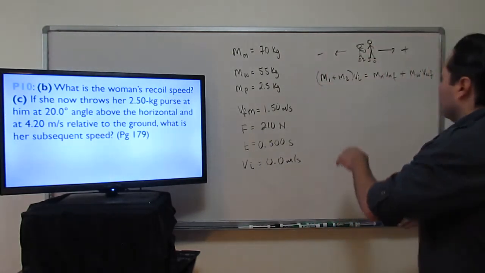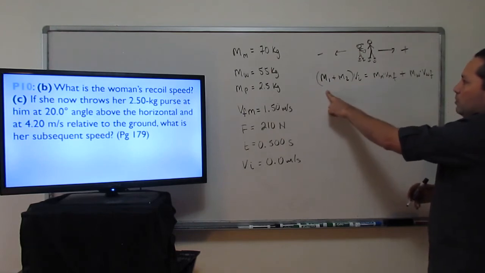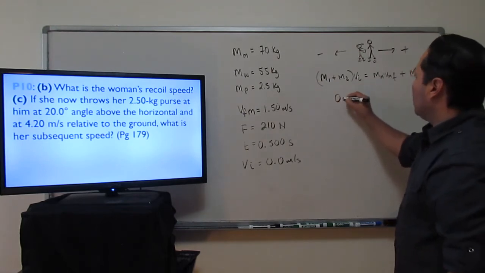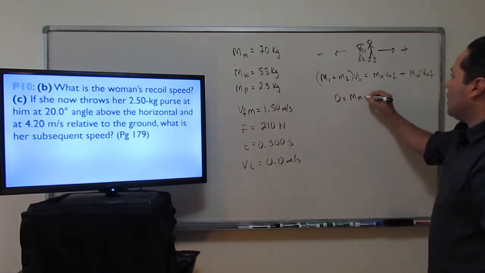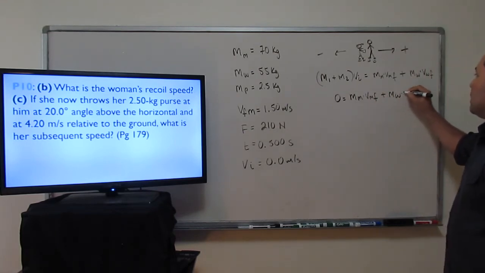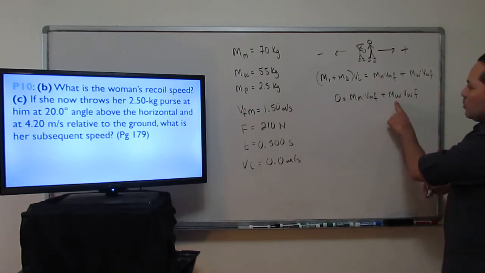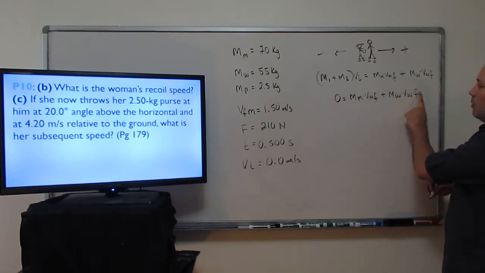So initially, they started from rest, so this whole left side is going to be a 0. Alright, so 0 equals mass of the man times velocity of the man final, plus mass of the woman times velocity of the woman final. And so we want to isolate this velocity of the woman final.